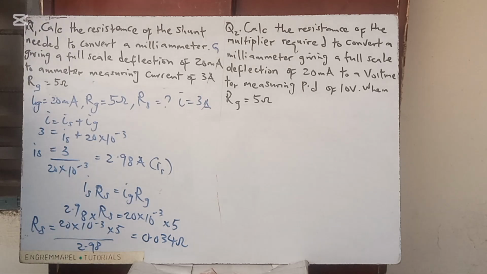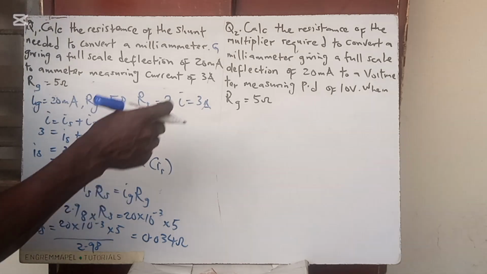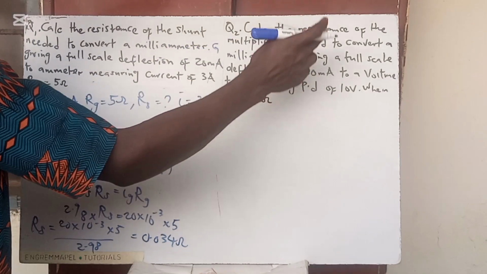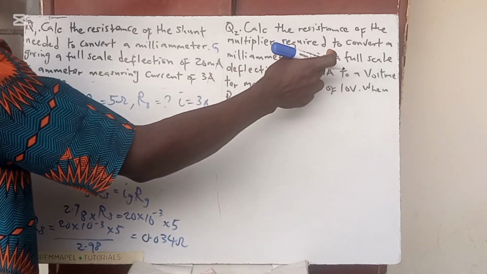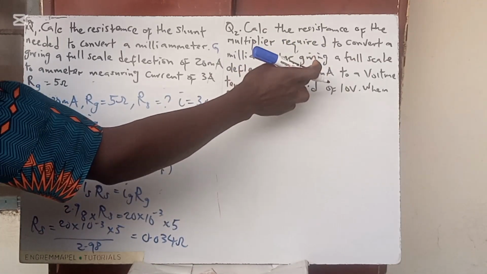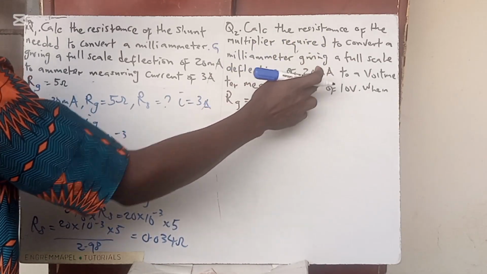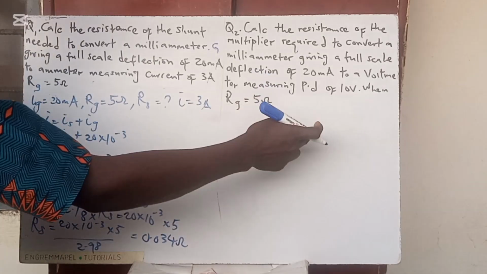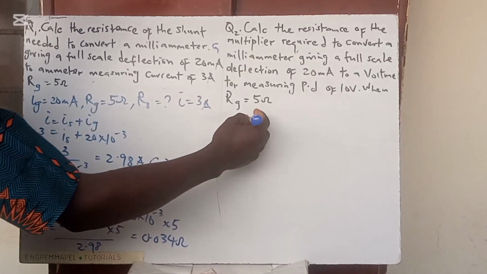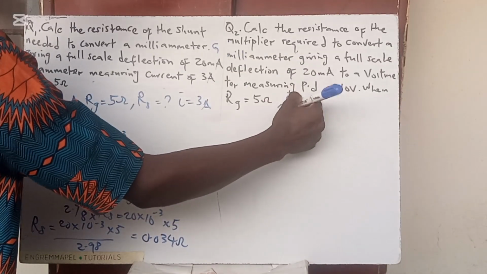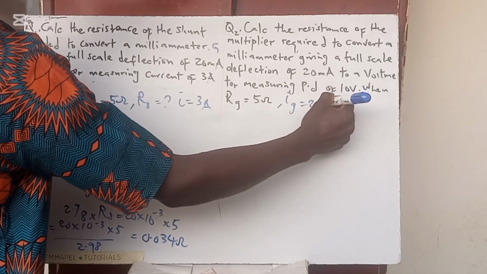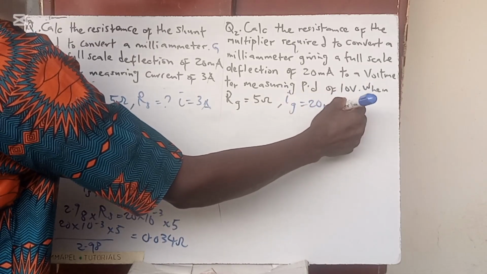0.034 ohm. Moving to the second question, we're going to be calculating the resistance of the multiplier required to convert a milliammeter giving a full scale deflection of 20 milliampere. So they have given us the current of the galvanometer again. So I will say the current of the galvanometer is 20 mA.